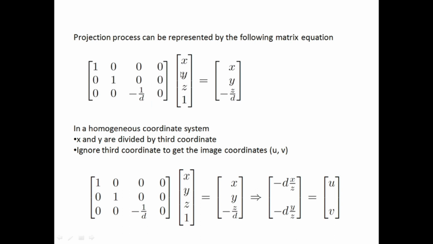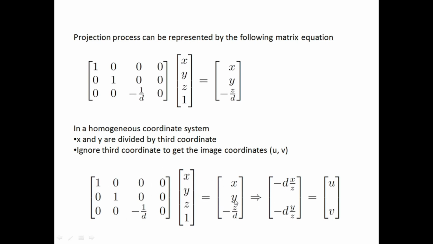So this is entirely a homogeneous form. So x and y are divided by the third coordinate here to get a normal pixel coordinate. So ignoring the third coordinate, we get the image coordinate, that is u comma v. The same expression is repeated here.